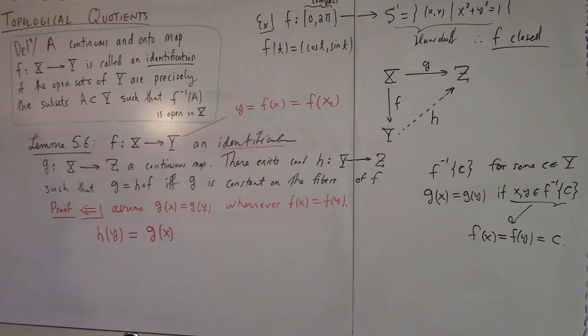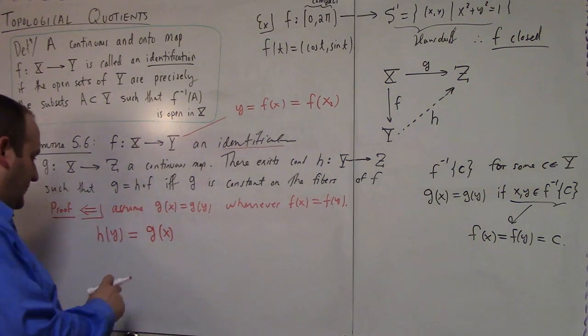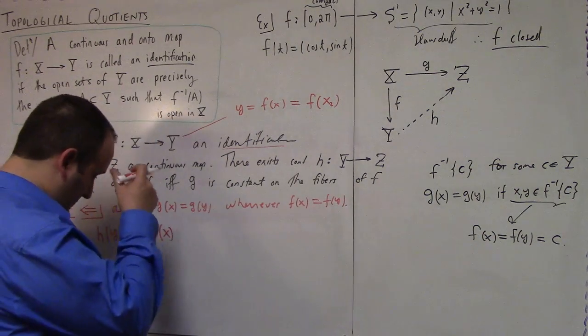So you assume that y1 is equal to y2, right? Doesn't look like how you show it's well defined. y1 equals y2? Yeah.